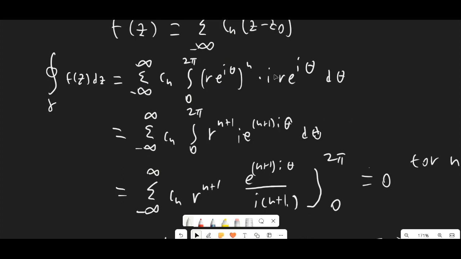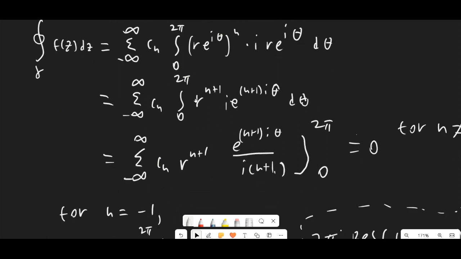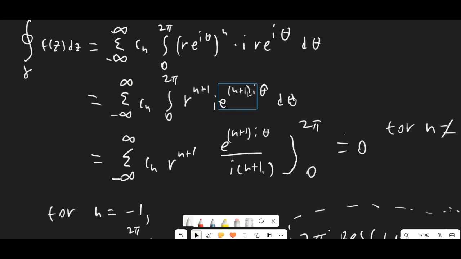Then once we separate the r's and the i thetas, we're going to get this: r to the n plus 1 times i e to the n plus 1 i theta d theta. Then when we integrate this with respect to theta, as long as n isn't equal to negative 1, because if n is equal to negative 1, then we just have e to the 0, right? So let's not consider that one right now, but for all the other values of n, we're just going to end up dividing by n plus 1 times i and evaluating it at 2 pi and 0.